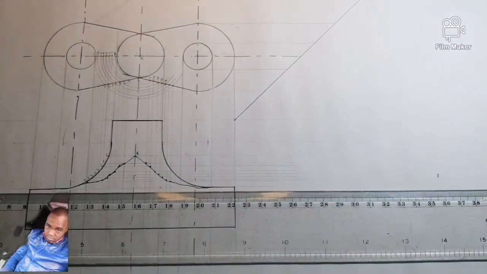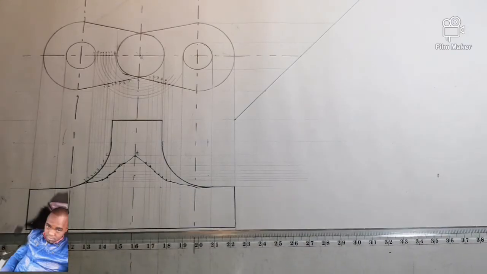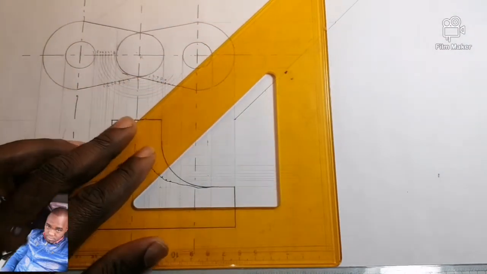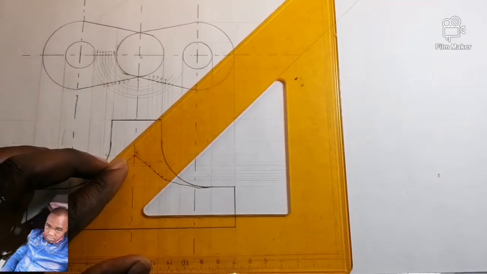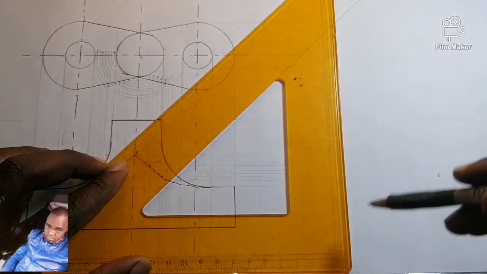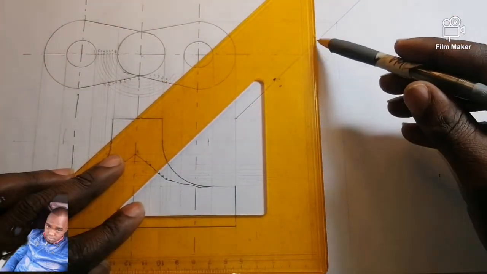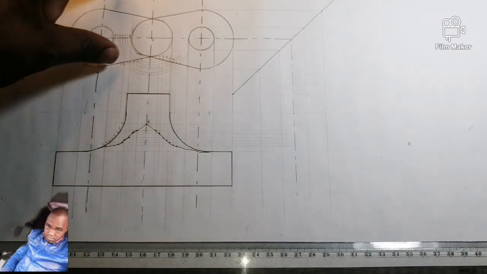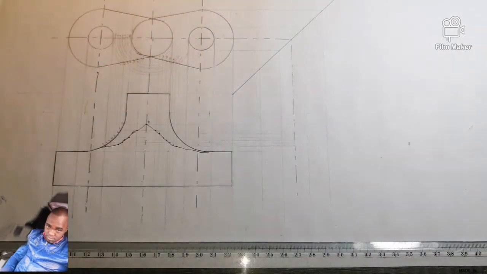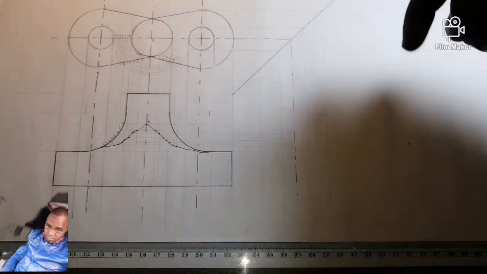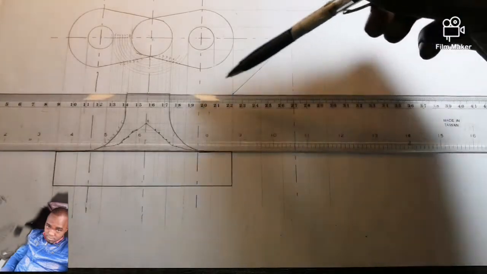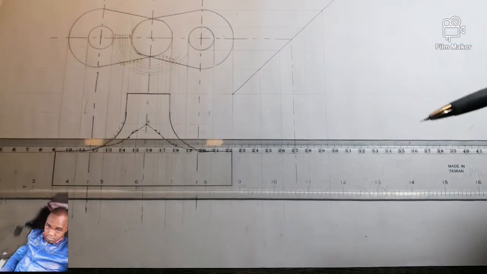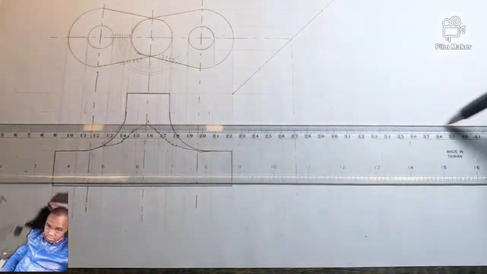Once they touch the line of 45 degrees, they must go vertically down like this. Having your constructional line right from your top view, once they touch the line of 45, they change to go vertically down. While the ones of your front view, they will just go straight horizontally.